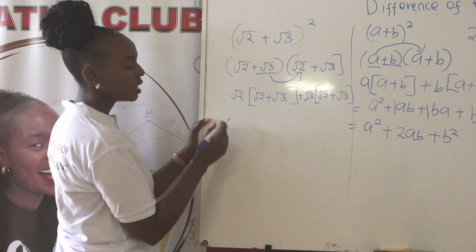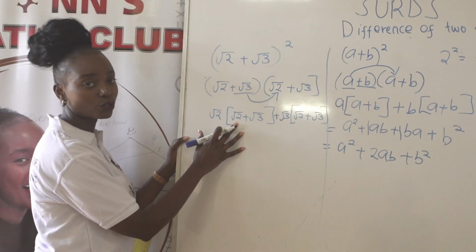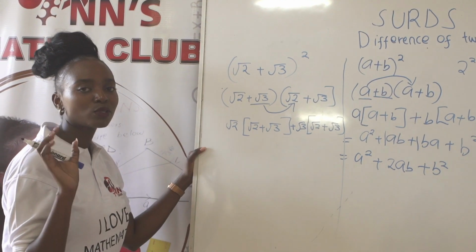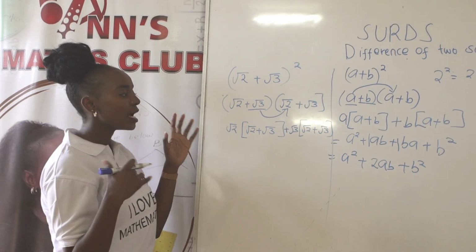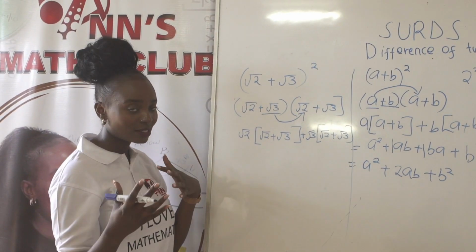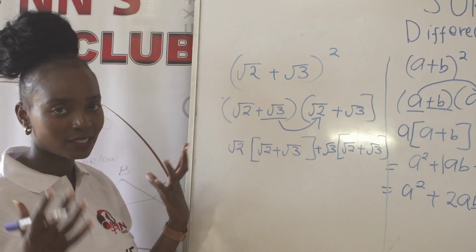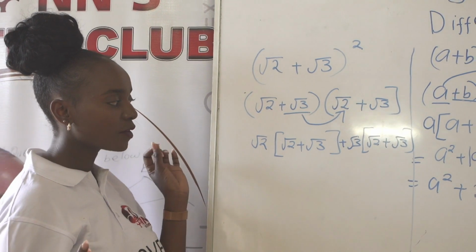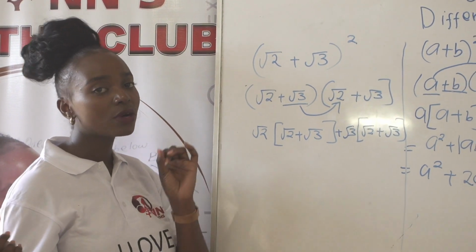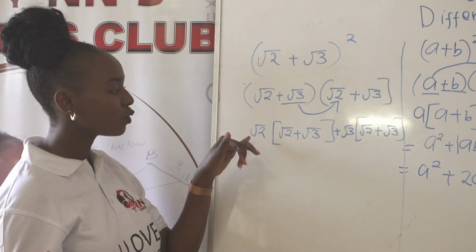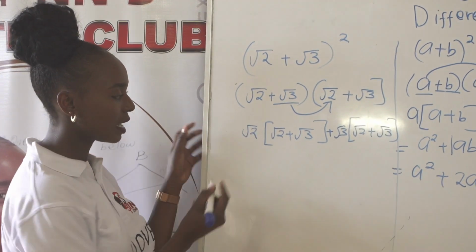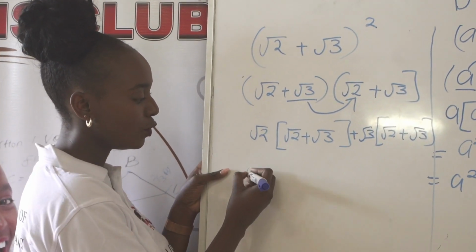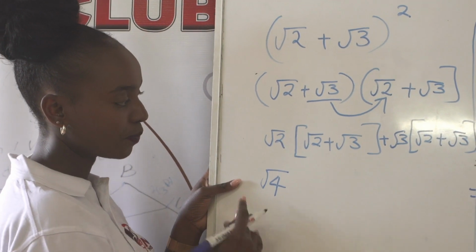So this becomes root 2 times root 2. Remember when we talked about multiplication, we said it doesn't matter if the values are the same. You can multiply them as they are. If this was a and b, you can multiply them. The only difference comes in when we are adding or subtracting. So root 2 times root 2 means 2 times 2, you get root 4.